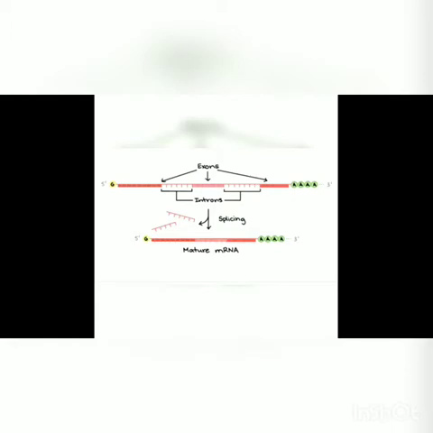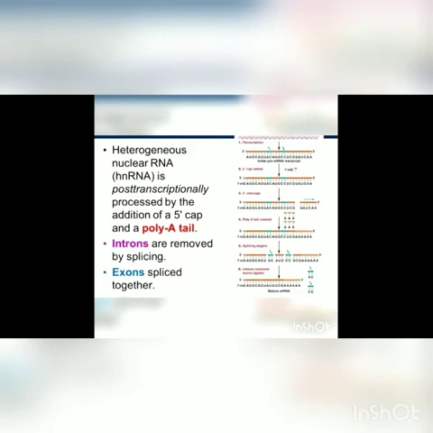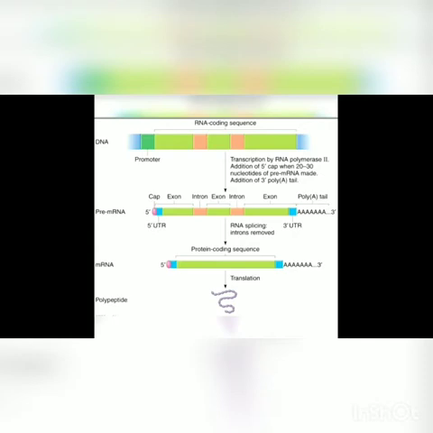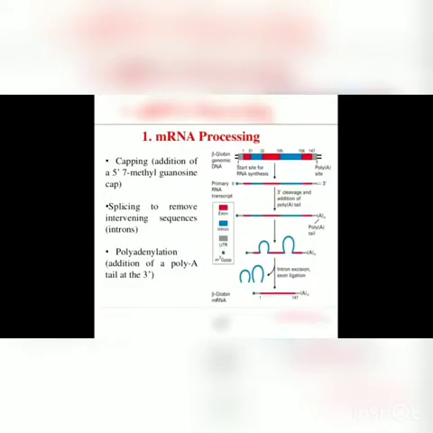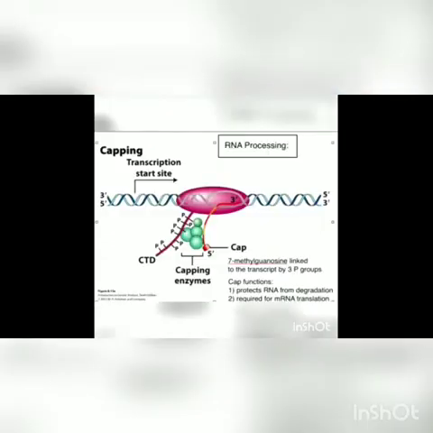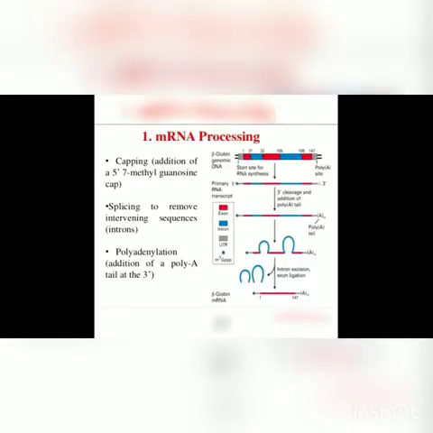hnRNA, that means heterogeneous nuclear RNA, undergoes additional processing called capping and tailing. In capping, an unusual nucleotide, methylguanosine triphosphate, is added to the 5' end, whereas adenylate residues, that means 200 to 300 poly A, are added to the 3' end in tailing.